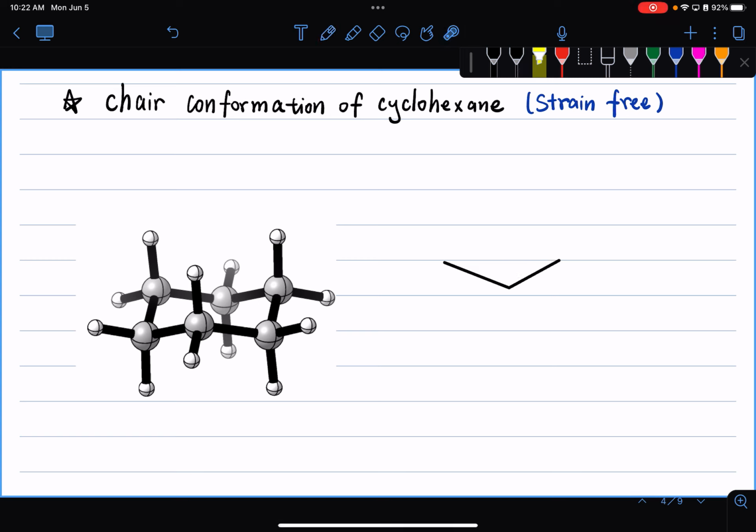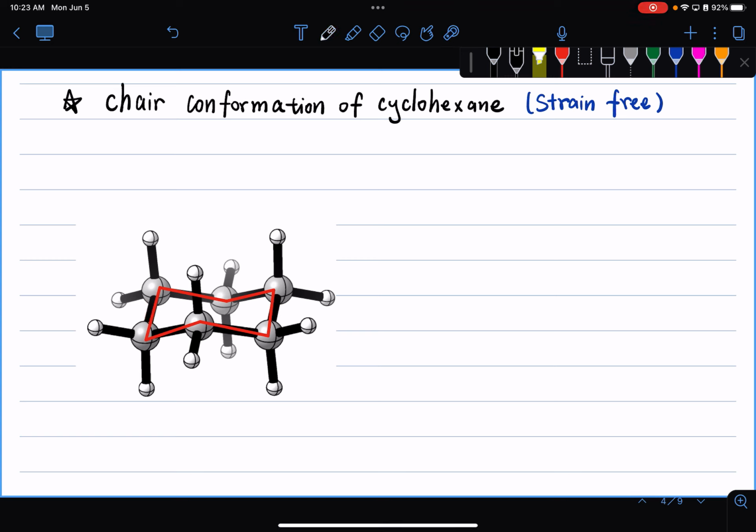And on the front, we have a V shape curving the other way. These are the two structures we can draw, and we connect them together. These two bonds are parallel to each other, these two bonds are parallel to each other, and these are parallel to each other.